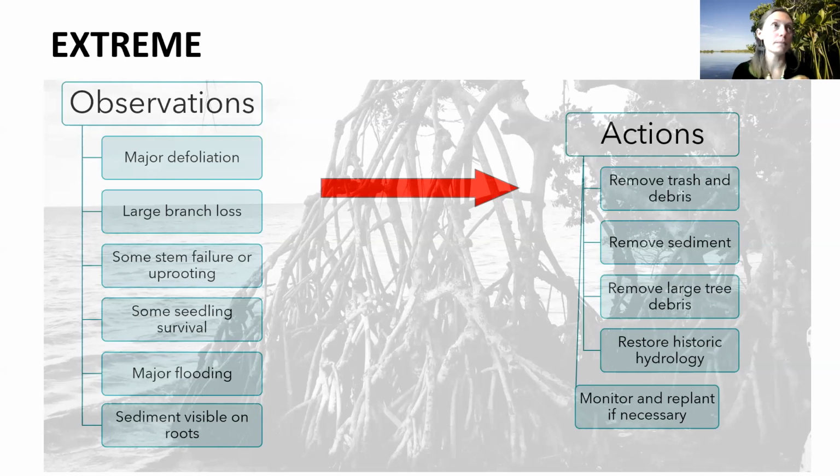It could take up to 2 years for a mangrove to die after it has been fully inundated in floodwaters, just like we see with hardwood trees in terrestrial environments, right? If you have significant flooding events, trees will be slow to show that damage. So that's why monitoring in these situations is so important.